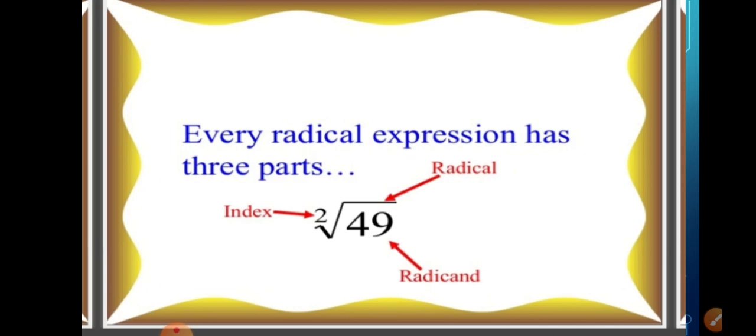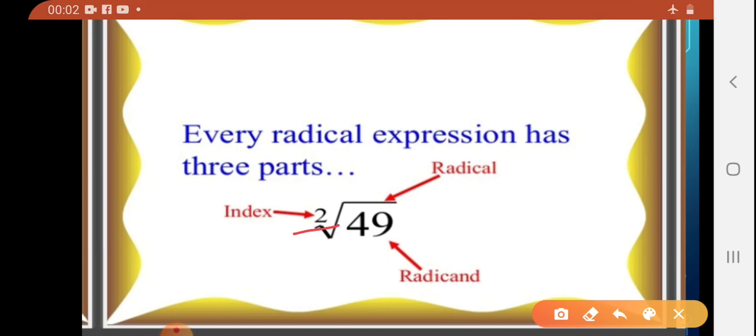If we are taking out a square root, this will be known as the index, this is known as the radical, and the number inside the radical is known as the radicand.